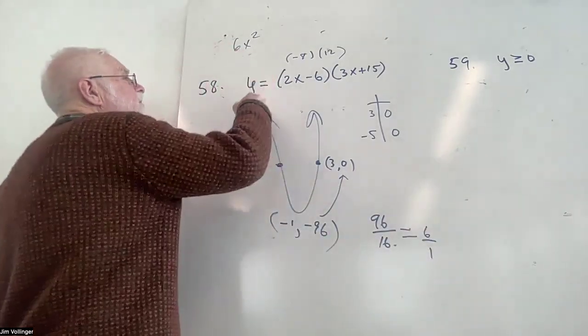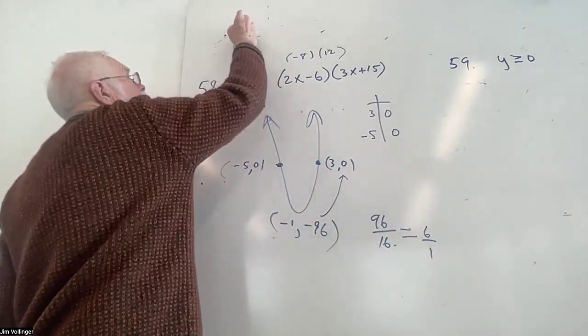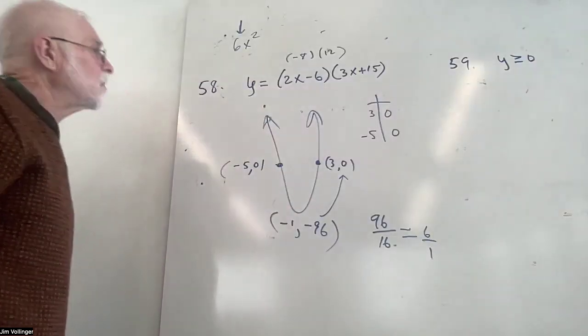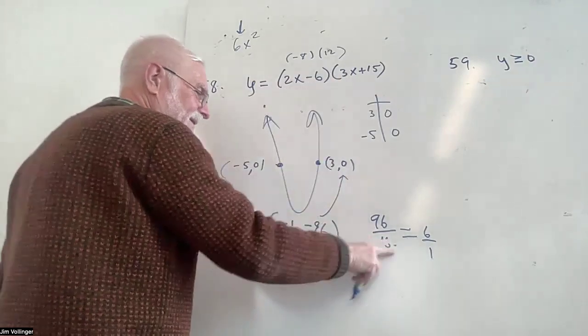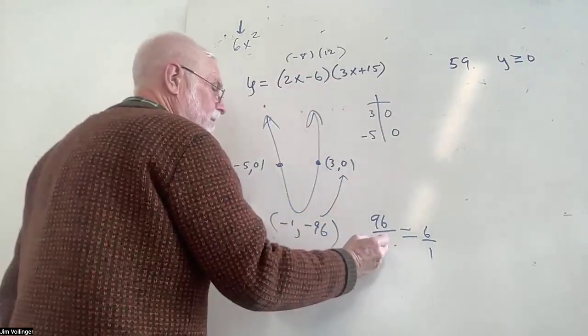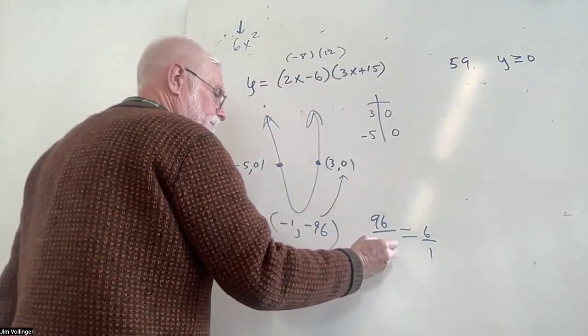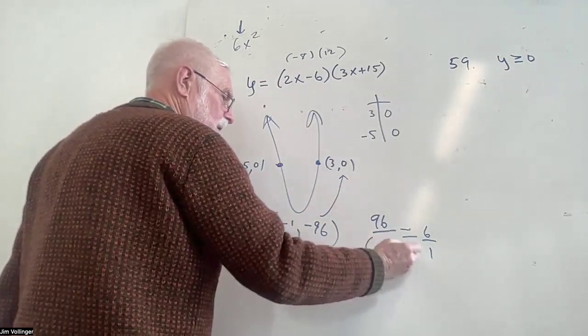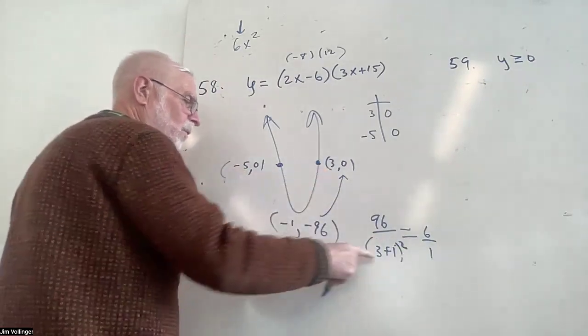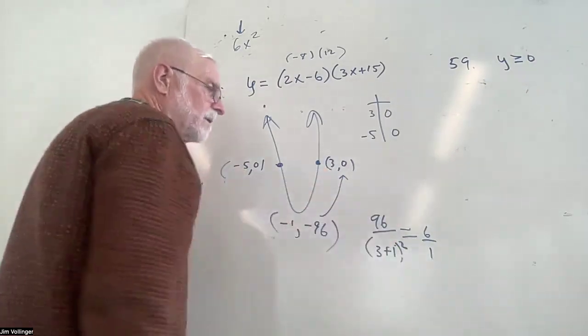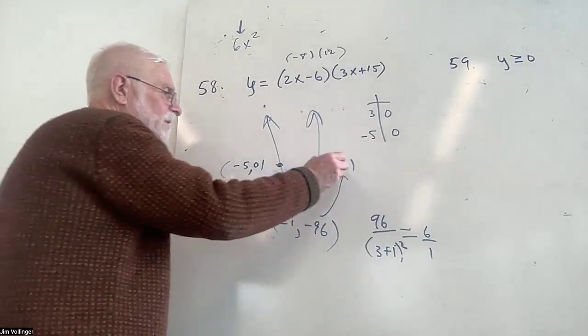What a coincidence that the coefficient of that was 6x squared. And when I did the 3 plus 1 squared change, -1 to 3, 4 units of change squared, yeah, I get the number I want.